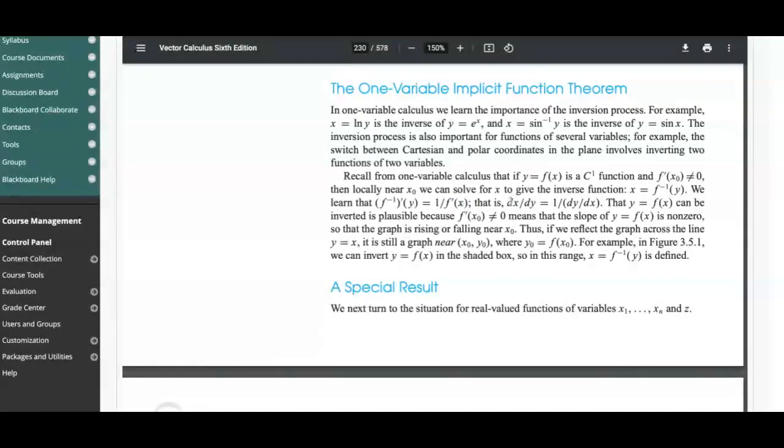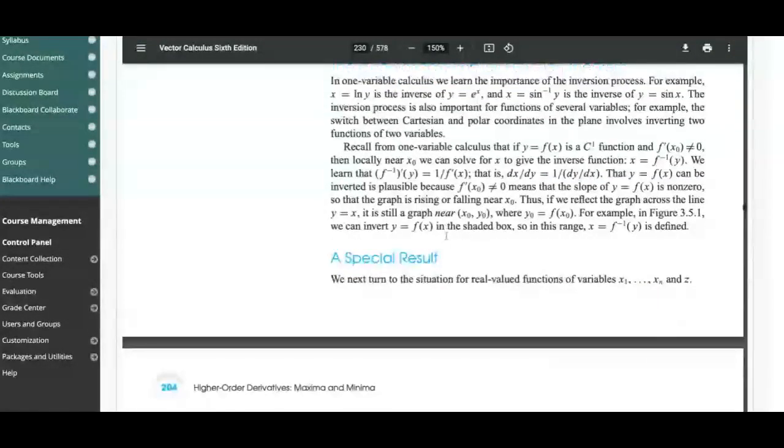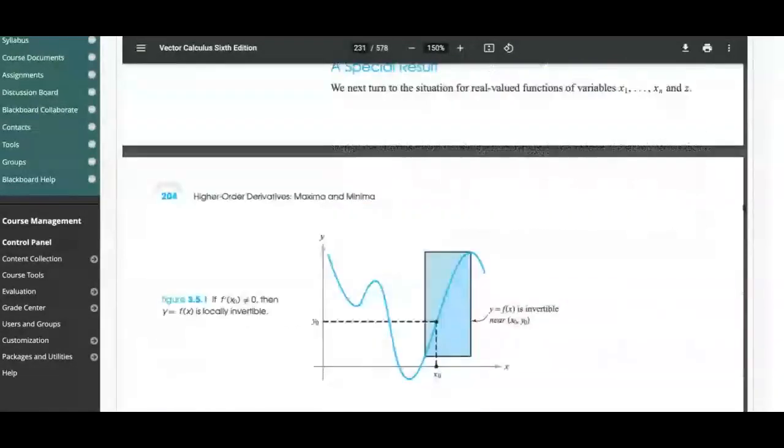We can write it this way: dx over dy equals 1 over dy over dx. This is obvious when the condition holds.